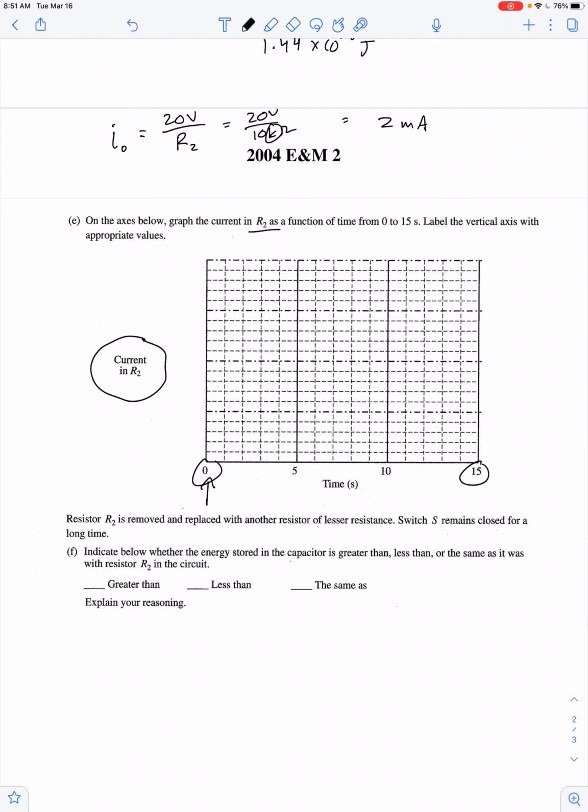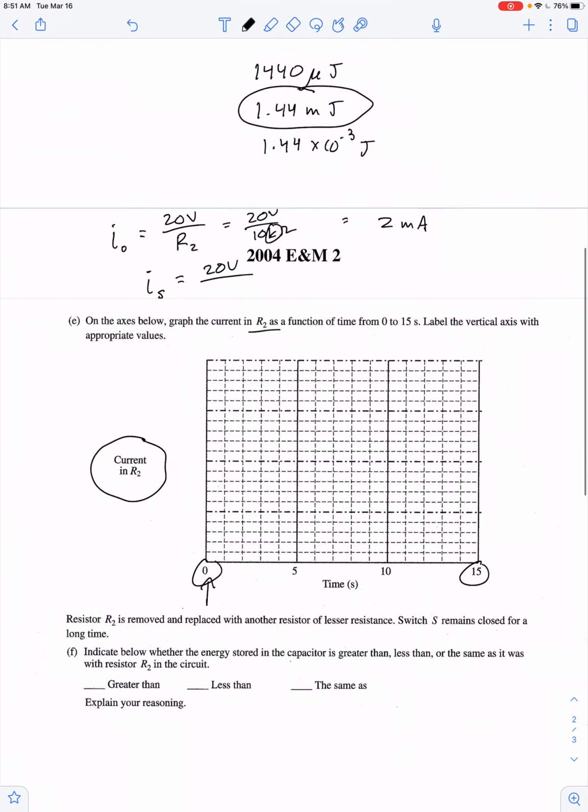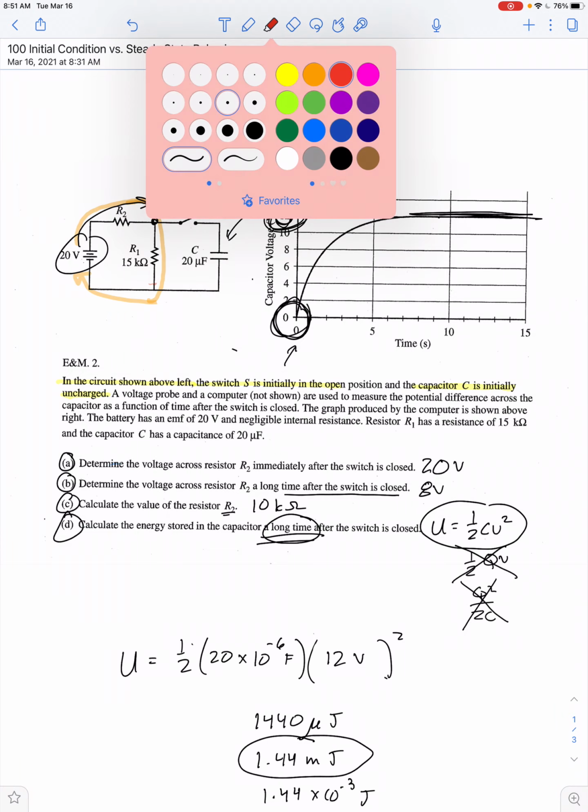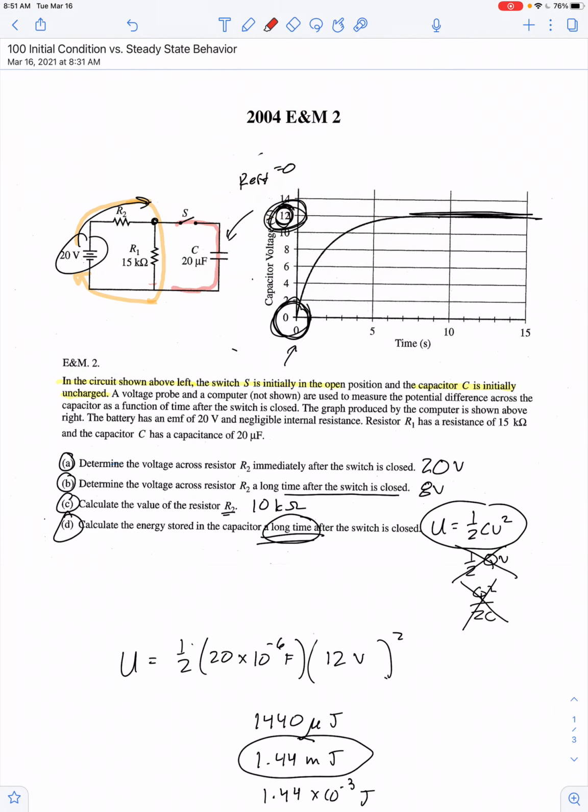Okay, now let's just jump to the steady state. Call this I subscript S. In the steady state, again, there's 20 volts across the total circuit, but then in the steady state, this is no longer the branch in which current doesn't flow. Instead, the current that gets to this junction would all go through the path including both resistors, and this represents the branch on which no current is flowing.